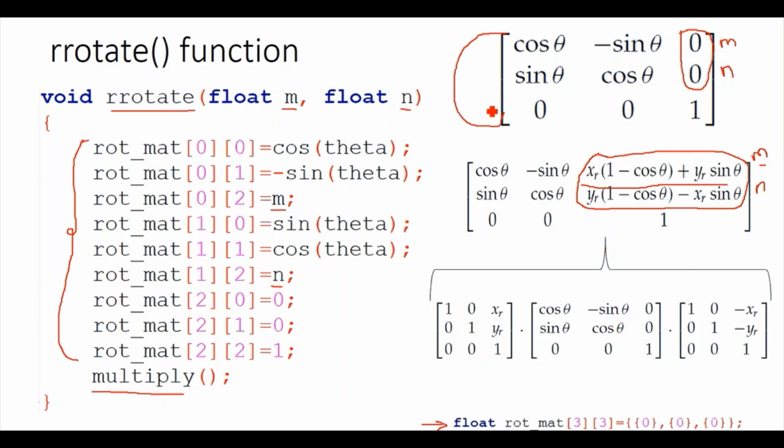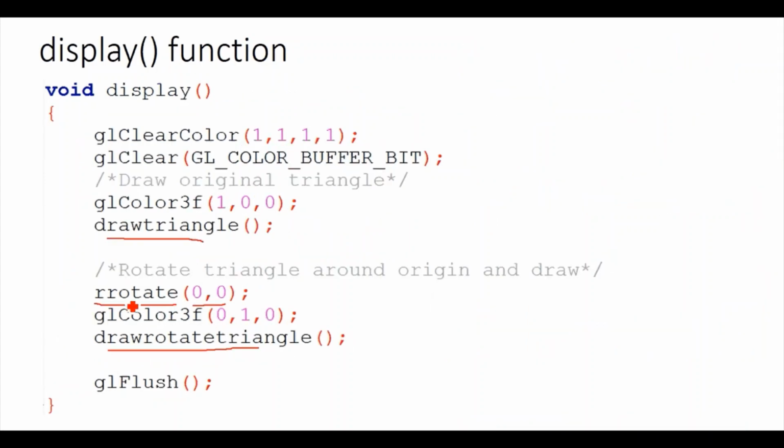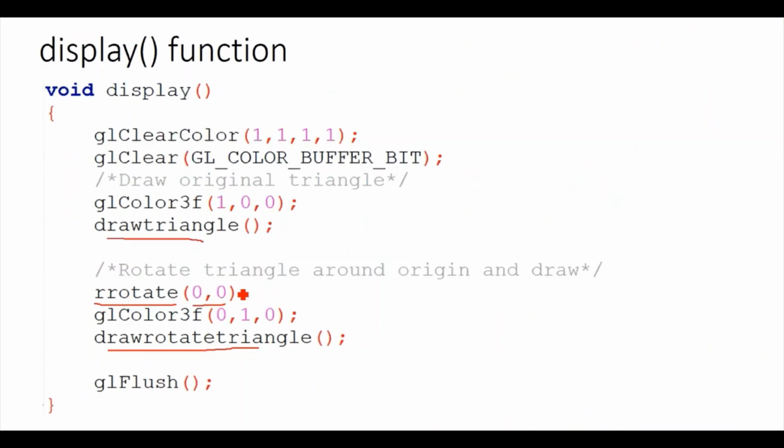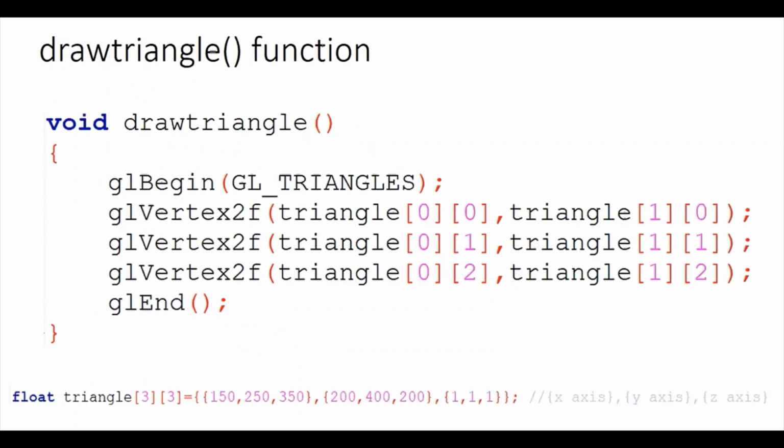Now this multiply, what it is doing? Now we have called the rotate function. This rotate function was supposed to multiply the rotation matrix with the original triangle, that is this matrix.